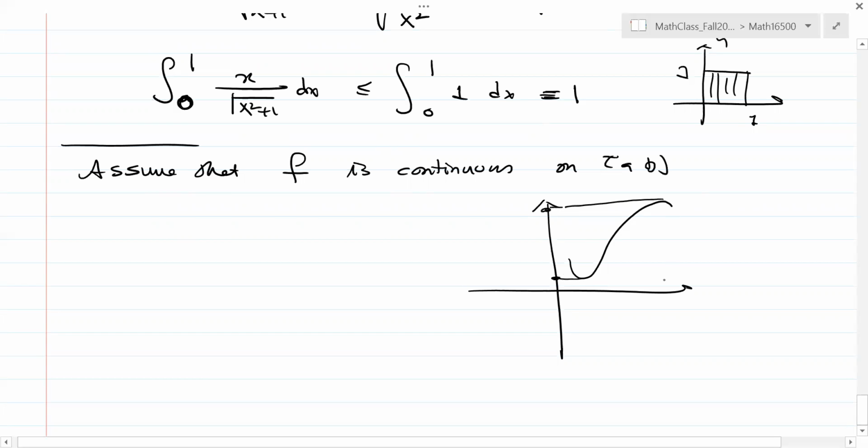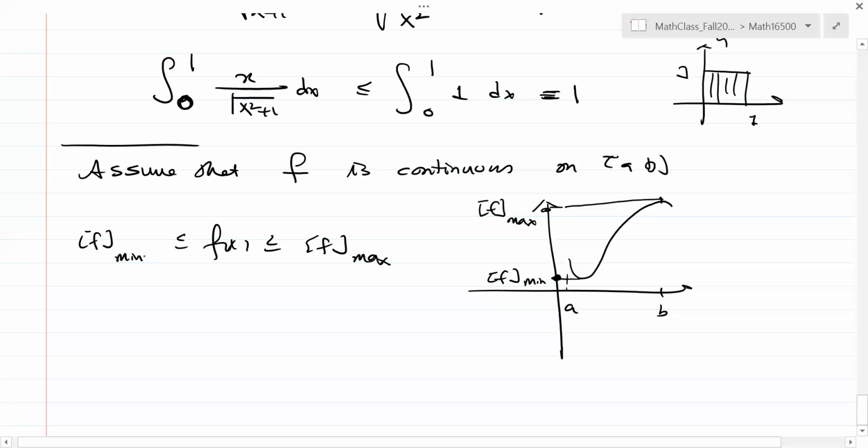Here's b, that is a. So the absolute maximum value, I'm going to denote by f max, and this one is f min. So the function is less than or equal to the absolute maximum value and greater than or equal to the absolute minimum value. It's between them, right? It's a number.